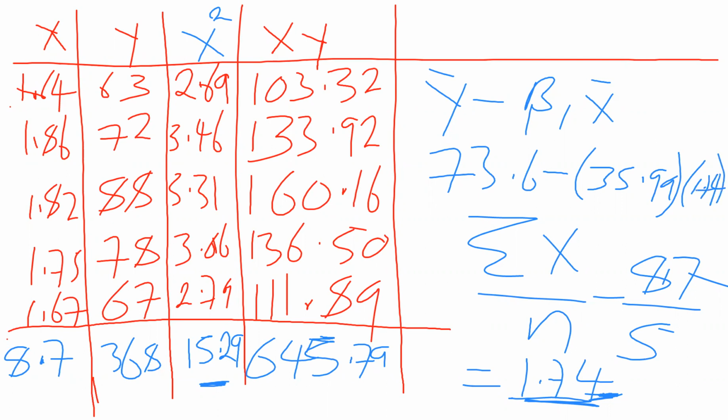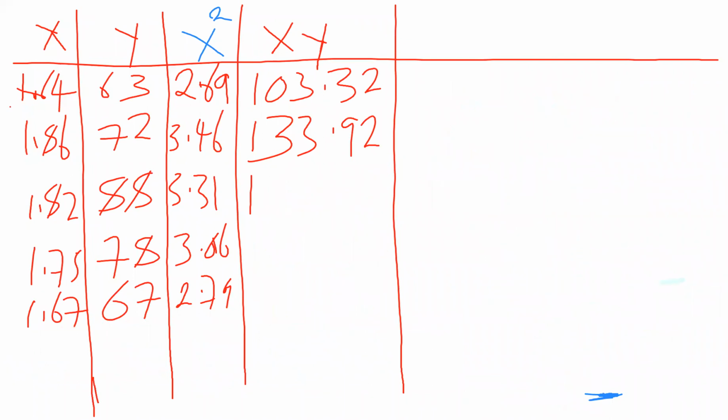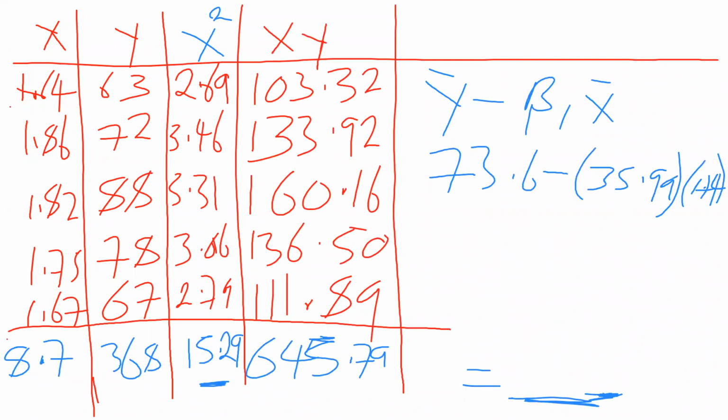Just multiply to find our beta naught. What is our beta naught? 10.977.